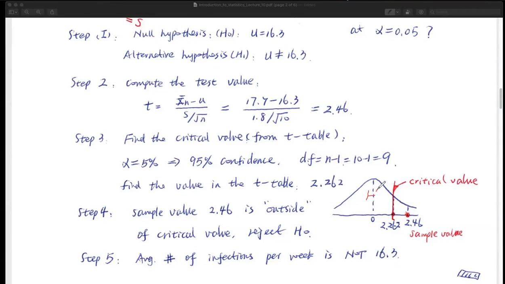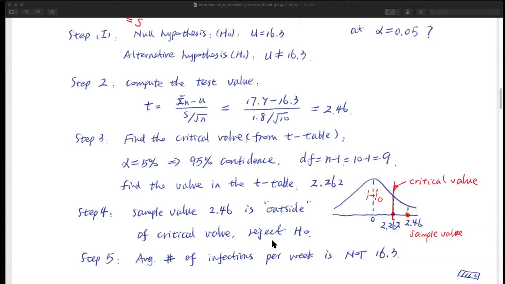You can understand this center as H0. If the data is further away from the center, that means the data is not supporting H0, because it's further away relative to this vertical line. Not supporting means what? Reject H0. You see that conclusion here?